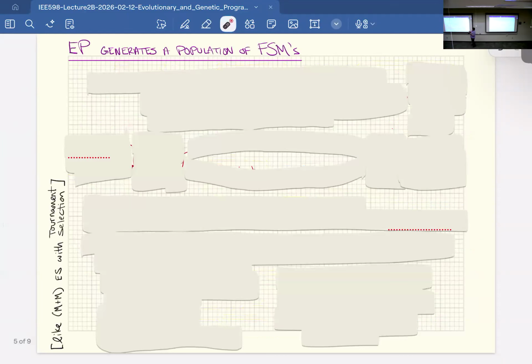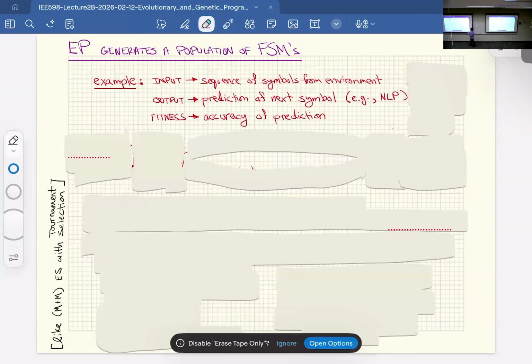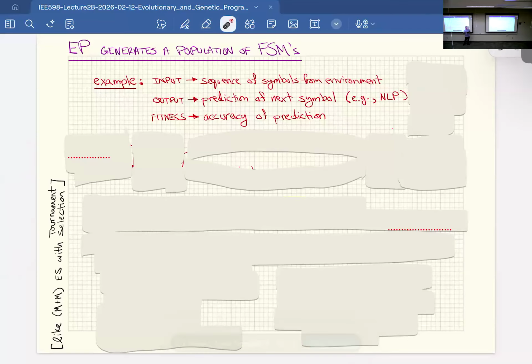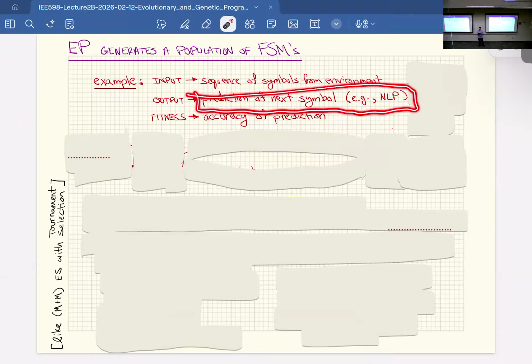So what does that look like? As an example, here's a problem that you want the evolutionary programming optimizer, if you want to call it that, to solve. The idea here is basically a natural language processing task where we've got a sequence of symbols from the environment as our input, and we've got a desired prediction of the next symbol.